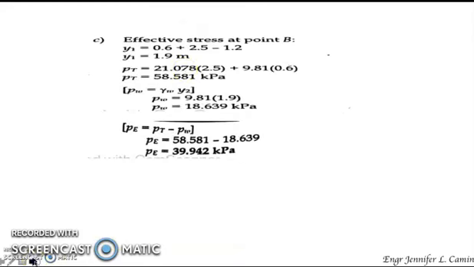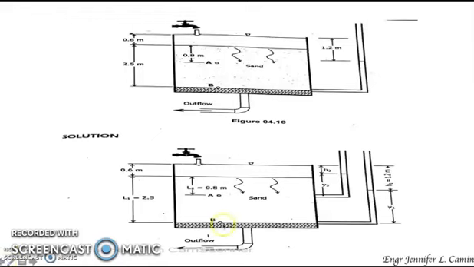And for letter C, the effective stress at point B. The total stress at point B is L1 times the saturated unit weight of the sand we have computed, plus the height of the water, 0.6, times the unit weight of the water, 9.81.